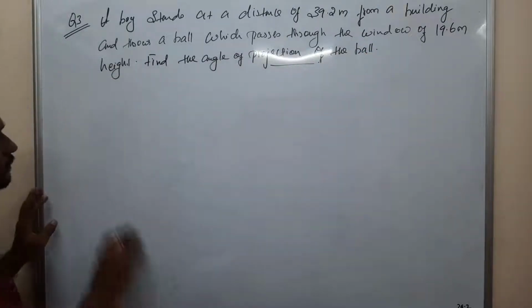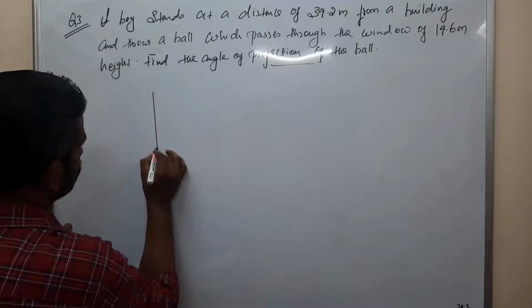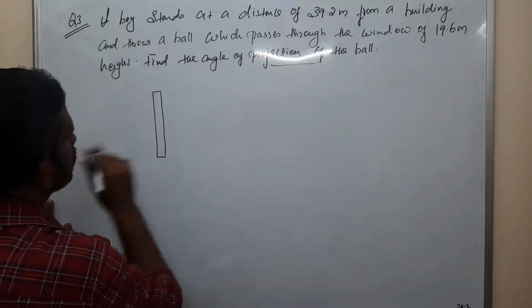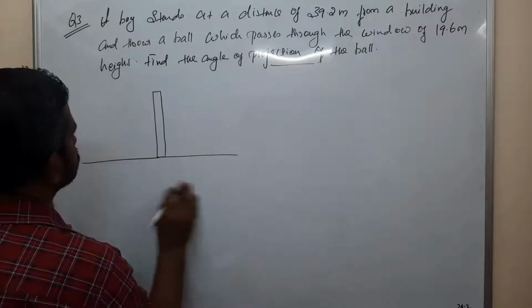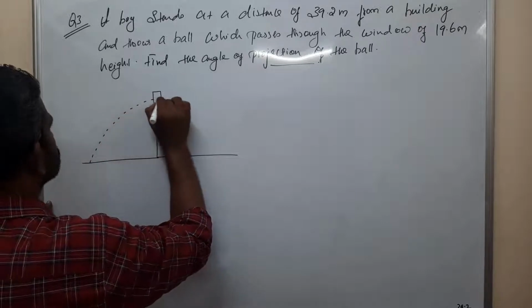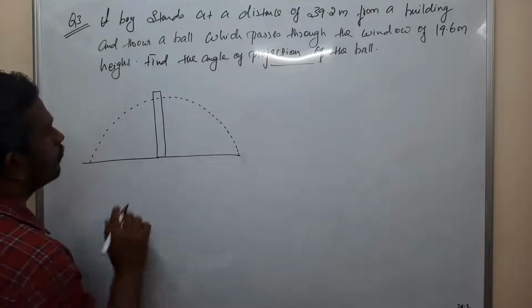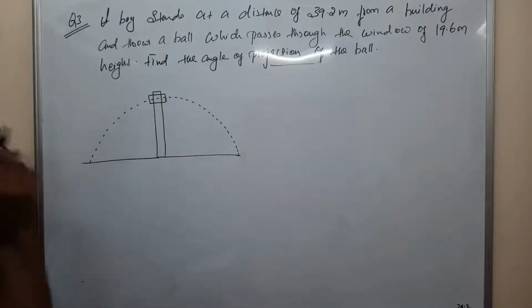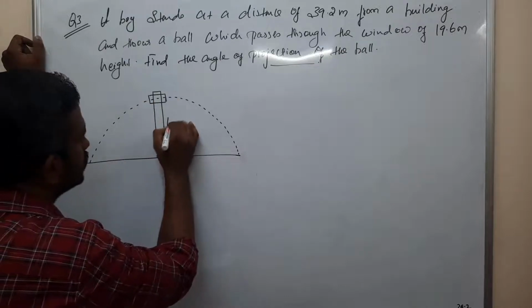So let us visualize the situation. This is a building of height 19.6 meter, so the window is at 19.6 meter.